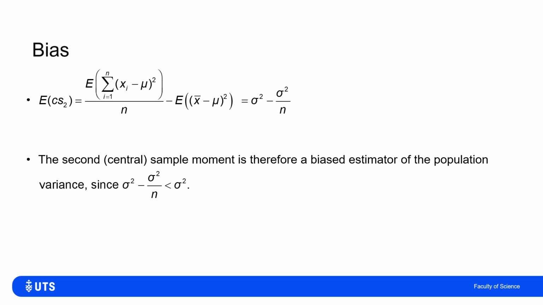And it's not just biased, it's always going to give me an underestimate of it, because n is always positive, and I'm subtracting away sigma squared over n. So I'm always going to underestimate the population variance if I just use the second central sample moment.